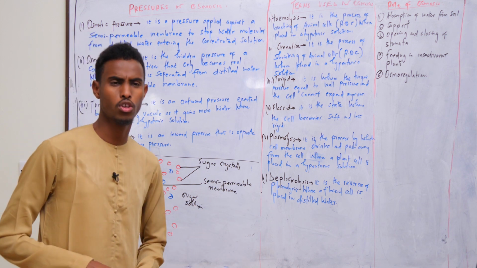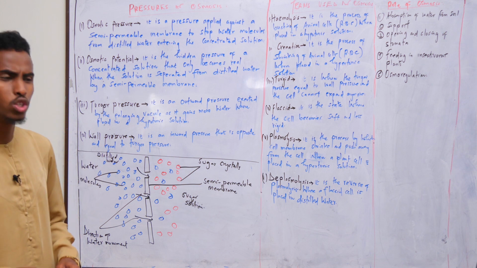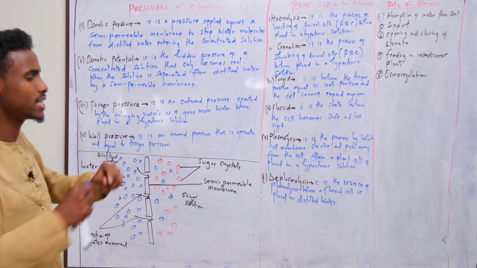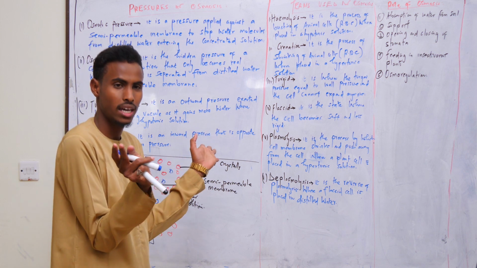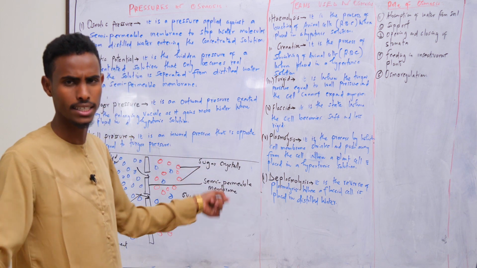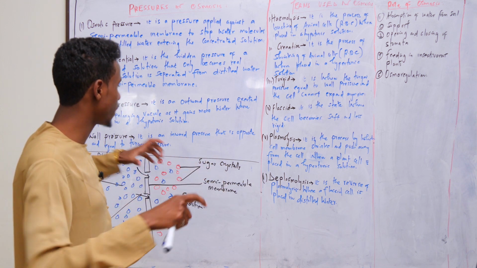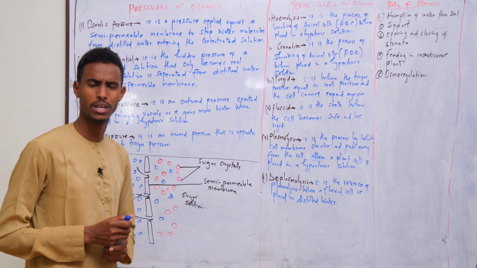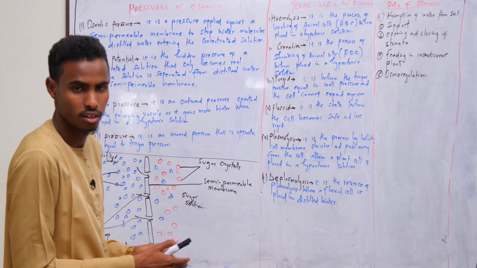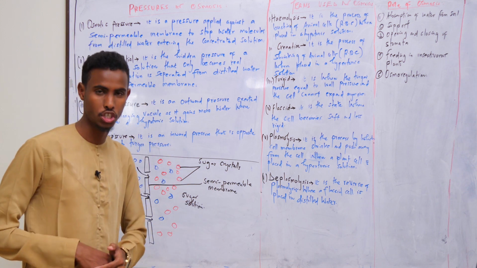Let's go to the fourth and last pressure, wall pressure. Now, class, we know that turgor pressure is a pressure exerted outwards, and therefore there is an opposite and equal pressure which acts inwards to stop the effect of the turgor pressure. And therefore, wall pressure is an inward pressure that is opposite and equal to turgor pressure.